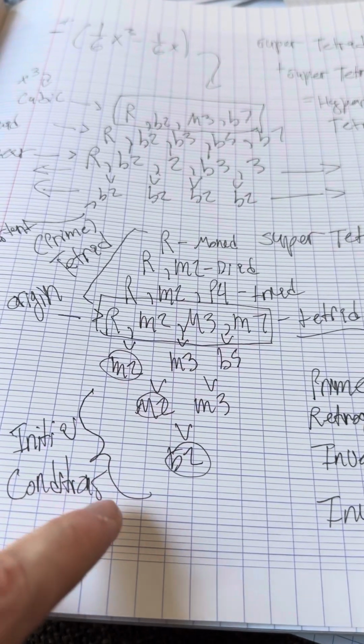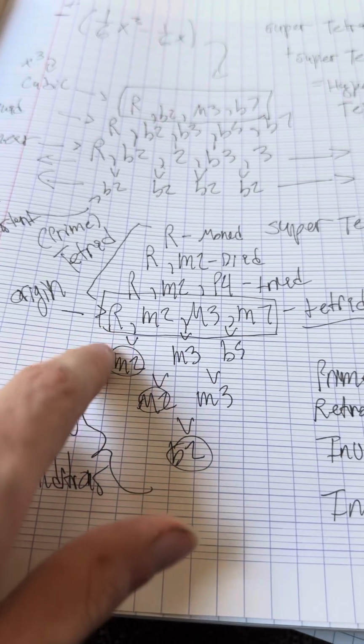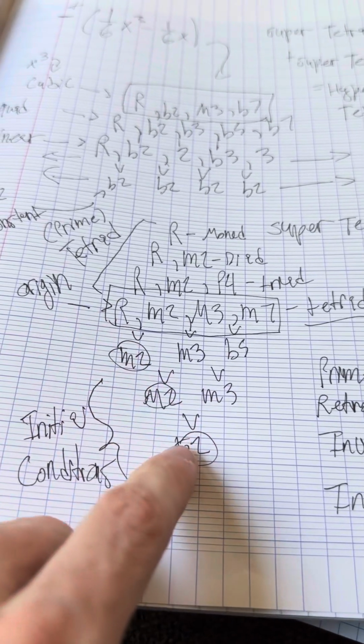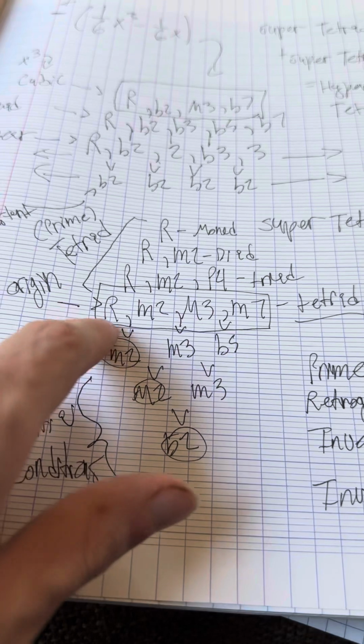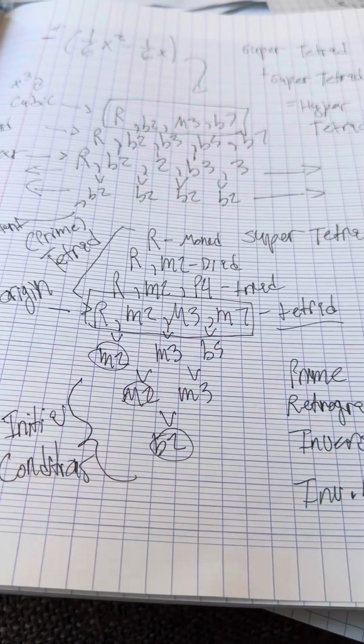And this gives us what I call the initial conditions, these variables which we put in to get our polynomial to give us our tetrad and our integrals of the tetrad.